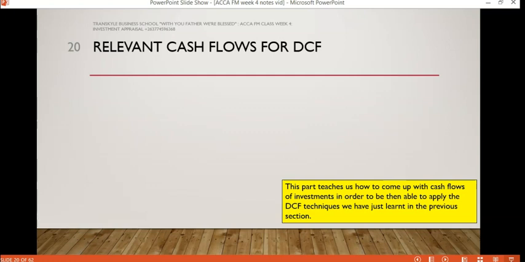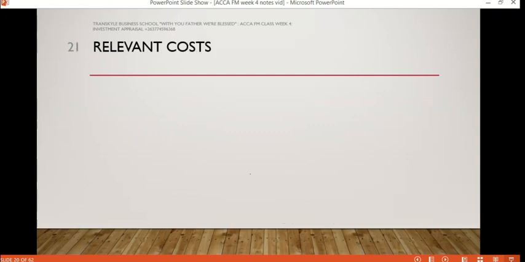So because we are now using the space for the grocery shop, we are foregoing rental income, so that's a cost to the business. Let us have a look at this example and see how we can make sense out of this explanation.